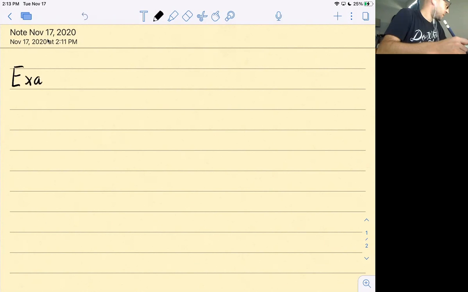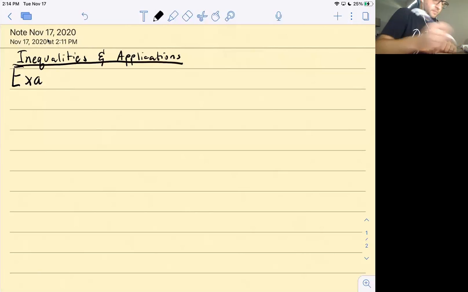So this is inequalities and applications. So here's a simple example. And we're going to do it 2 ways: by algebra and also graphically.